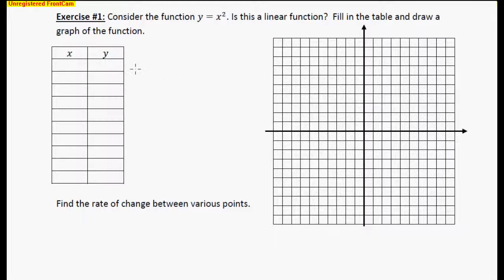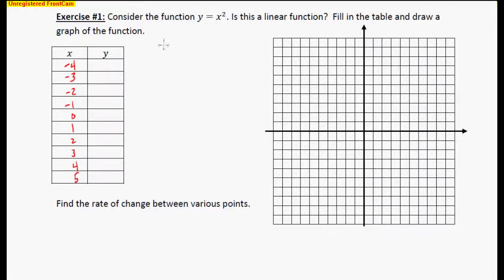But let's fill in some values. Let's see how many we got here: 1, 2, 3, 4, 5, 6, 7, 8, 9, 10. Let's start with -4 up here, and let's just go by ones, and we'll see what will fit on this graph next door here.